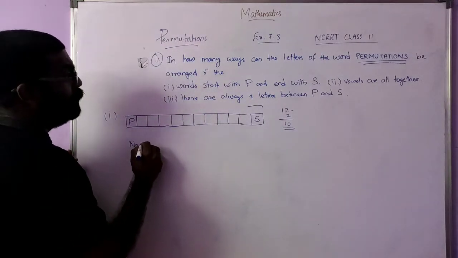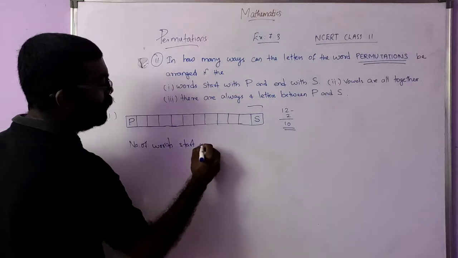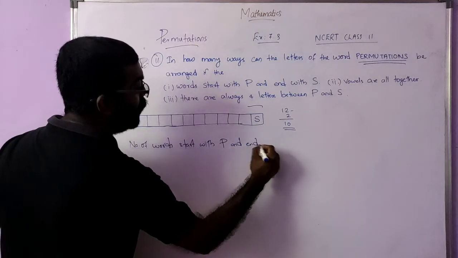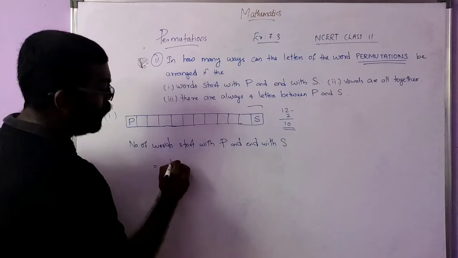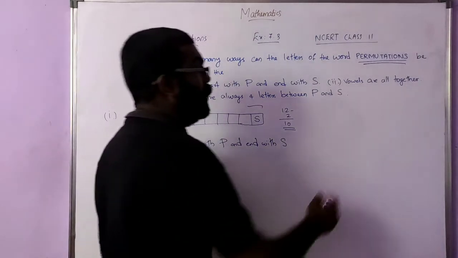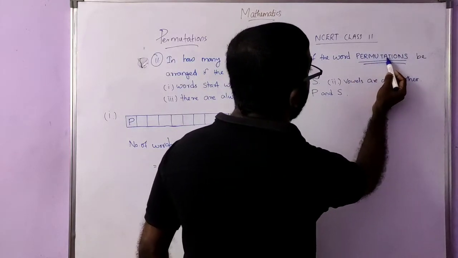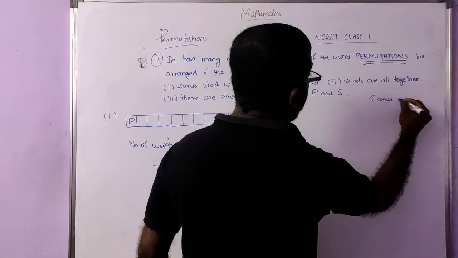So what we can write? The number of words that start with P and end with S is equal to 10 factorial divided by, now we can count the repetition. Here the letter T comes 2 times.